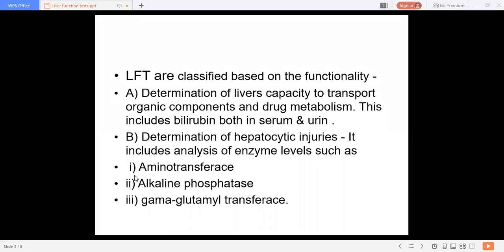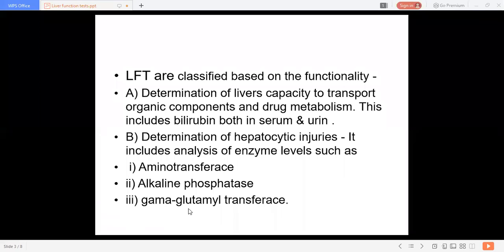Now, the third enzyme we are talking about is gamma glutamyl transferase, GGT.